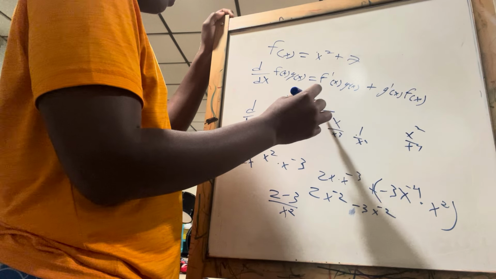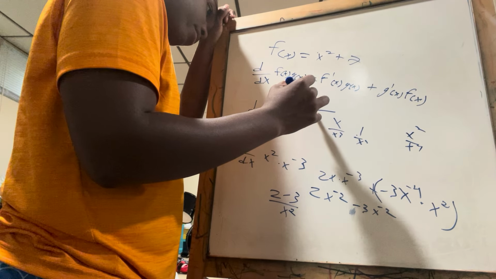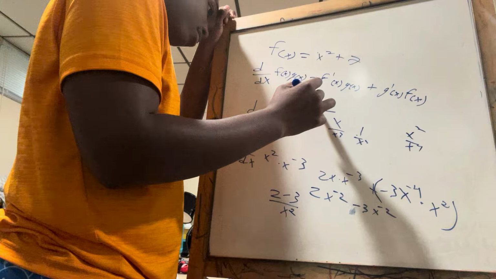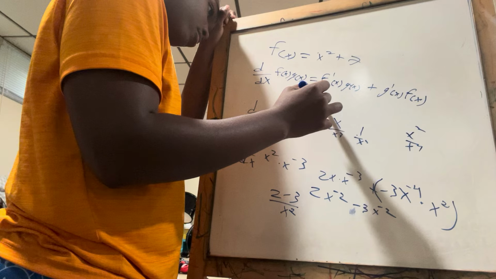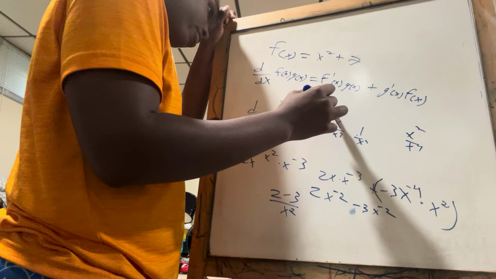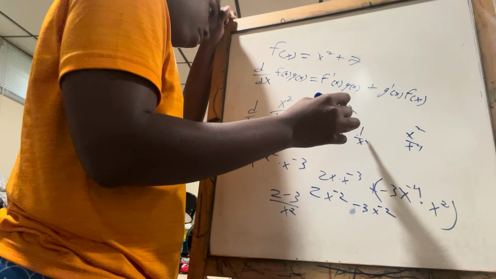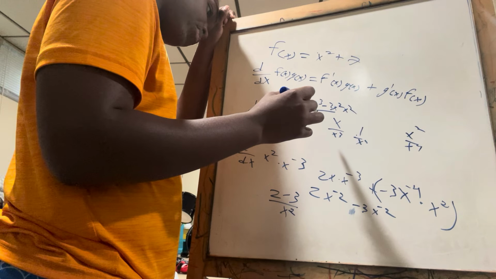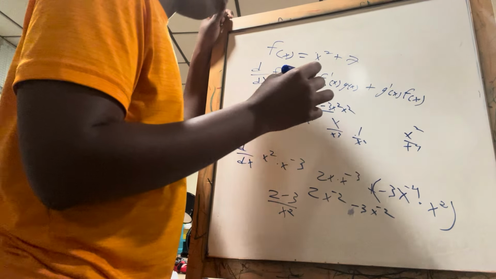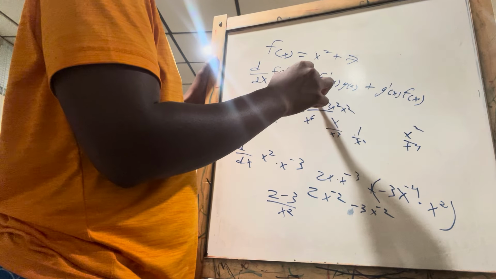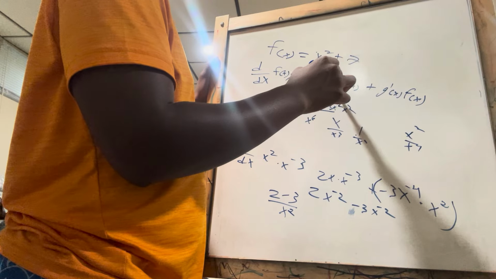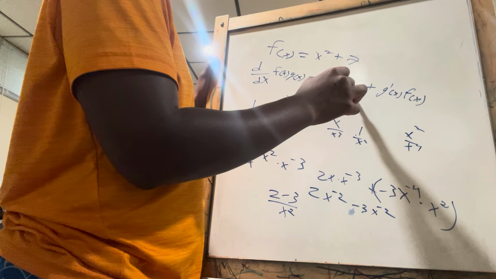Right, this was x to the 6th, and then you have 2x times x to the 3rd minus 3x squared, and you have 2x to the 4th, 3x to the 4th.